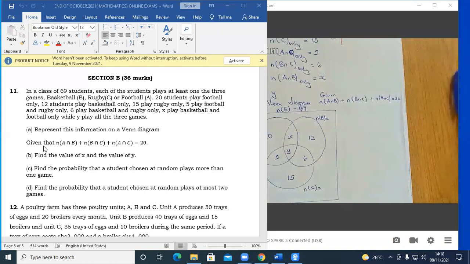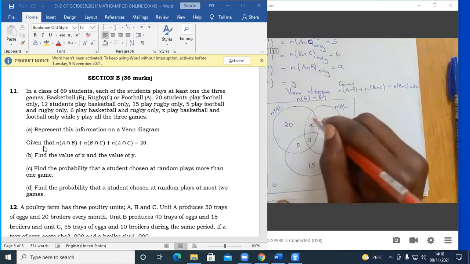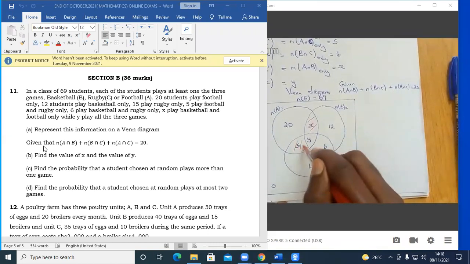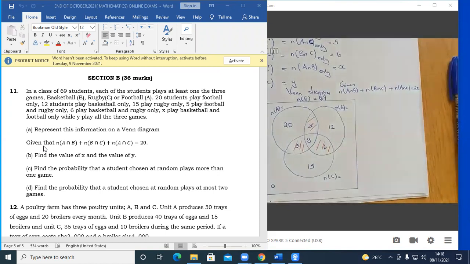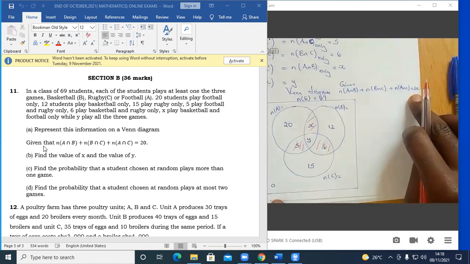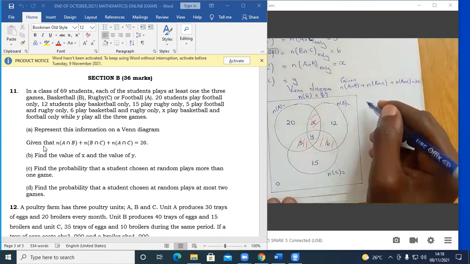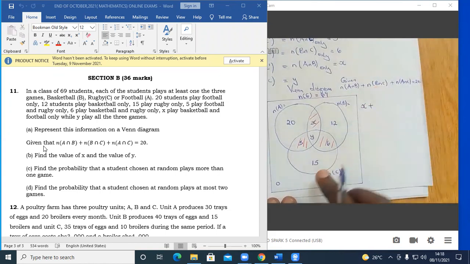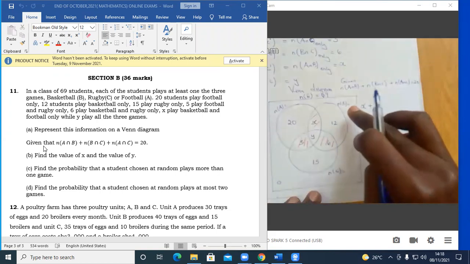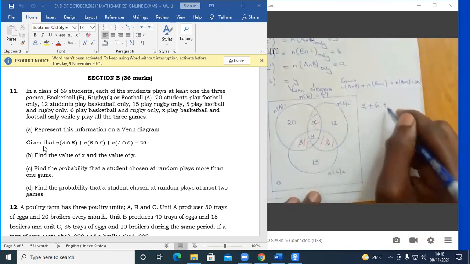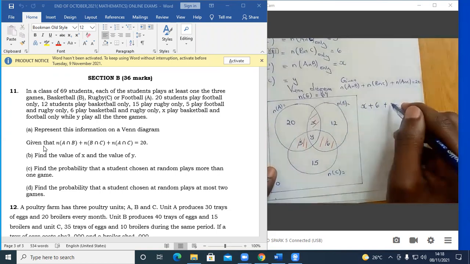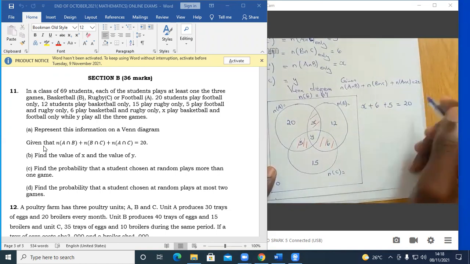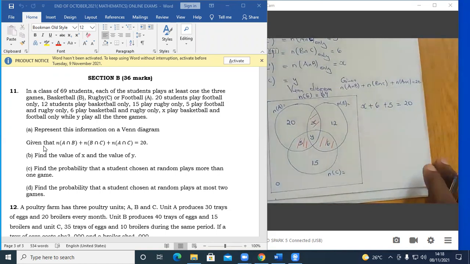If I add these, it must give me 20. So A intersection B, which is X, plus B intersection C, which is 6, plus A intersection C, which is 5, must give me 20.